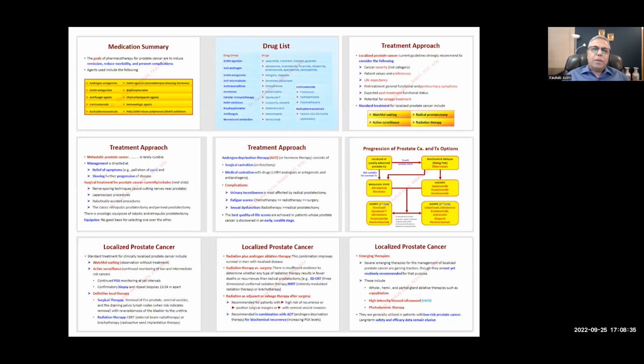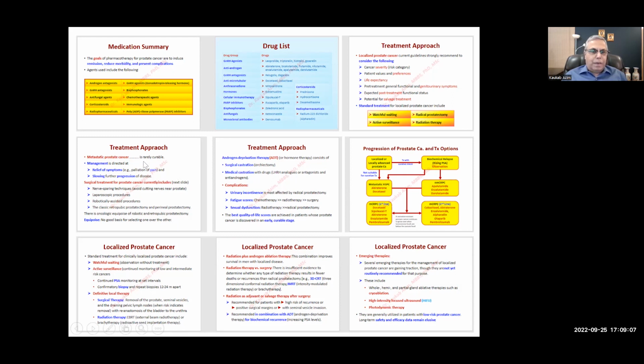All right. So this is what we have done in therapy for localized cancer. I gave you the medication summary, the drug list, and the treatment approach for localized prostate cancer, and we evaluate that, looking at the severity, patient preferences, life expectancy, urinary symptoms, and pre-treatment and post-treatment functional status.